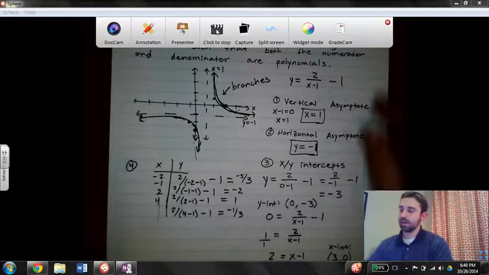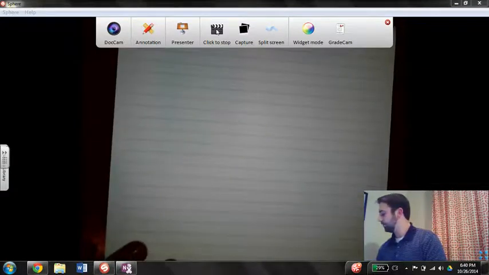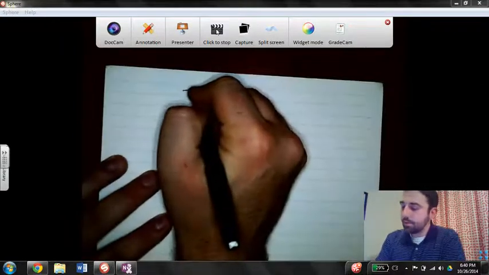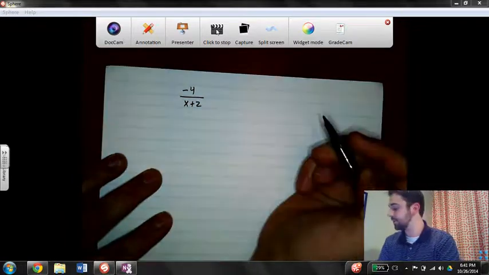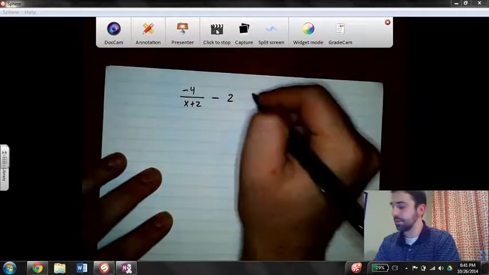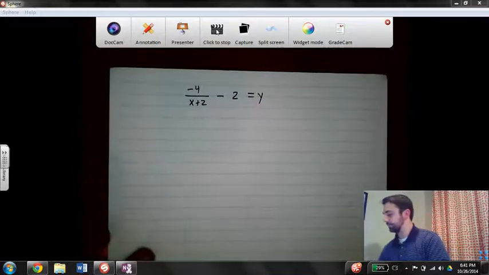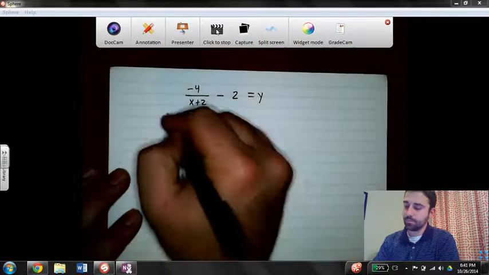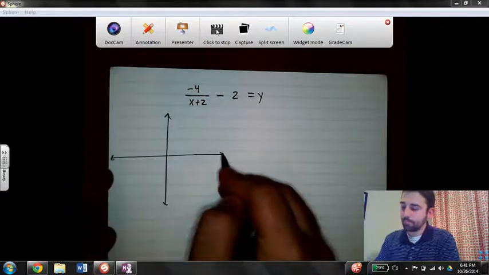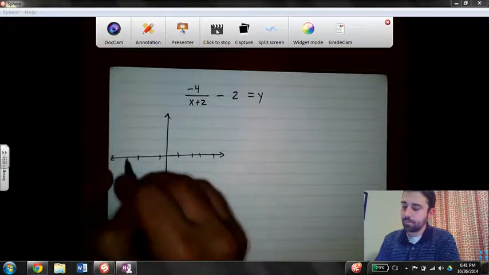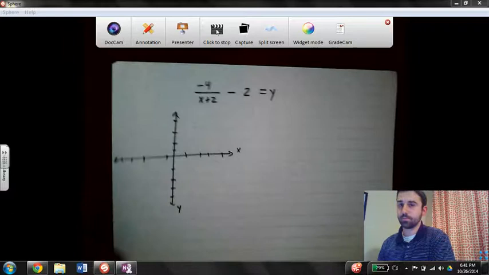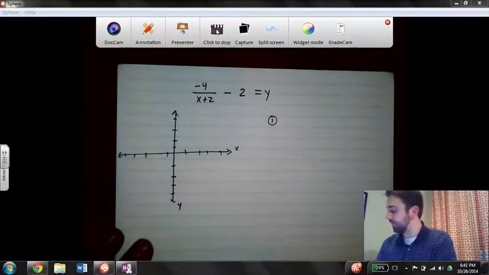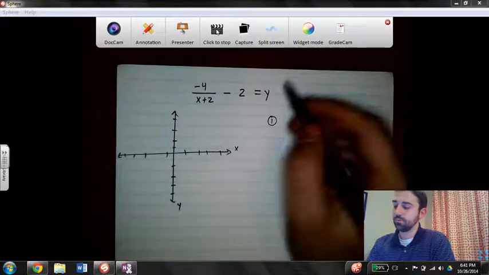So let's try another example: y equals negative 4 all over x plus 2, minus 2. So my first step here would be to find the vertical asymptote.